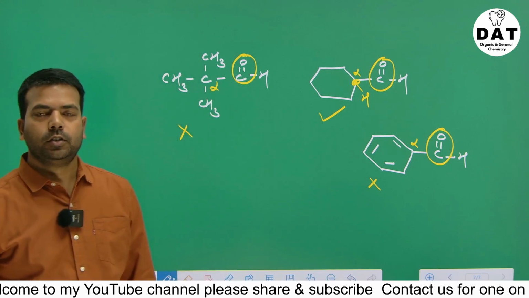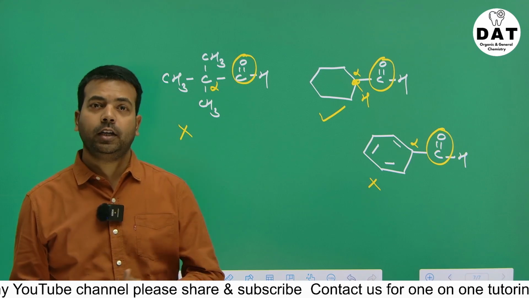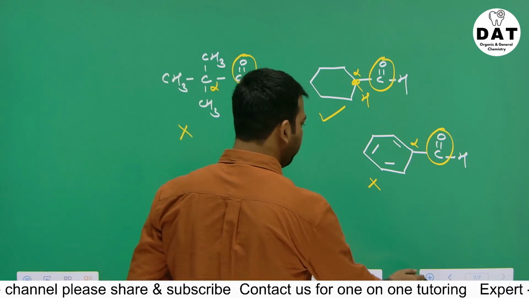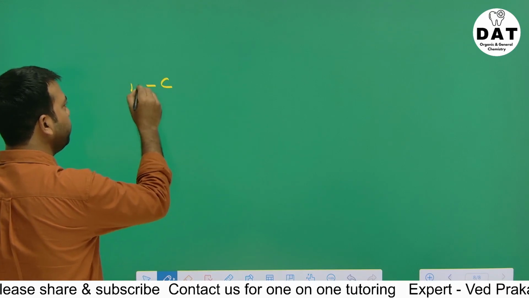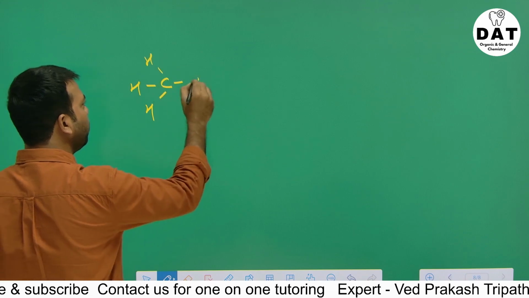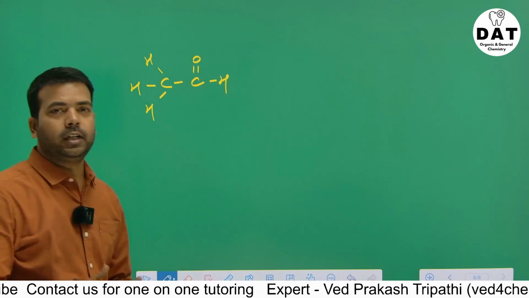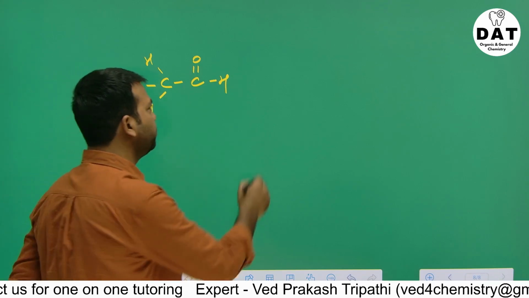Clear? So now I am going to discuss the conversion of keto to enol and enol to keto as well, because it is reversible. Suppose we have the keto form. I am going to tell you the trick only, not the mechanism. This reaction is carried out in both media, acidic and basic. But here I am just going to tell you the trick behind this.